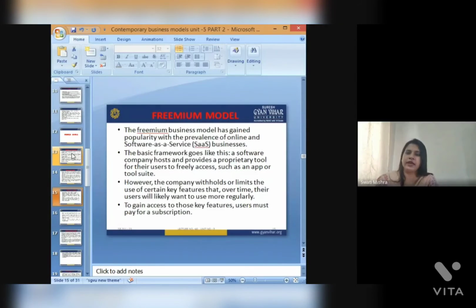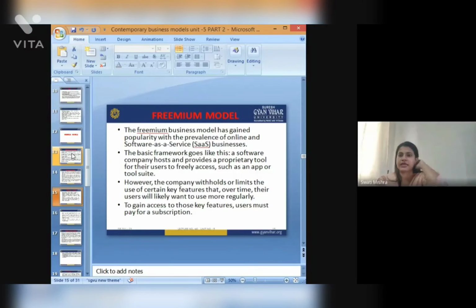Let's move ahead and talk about our next model in discussion, which is the freemium model. The freemium business model has gained popularity with the prevalence of online and software as a service businesses, which we also know as SaaS in short form.